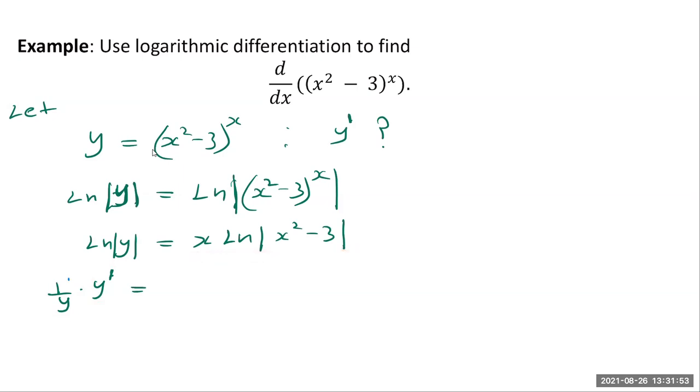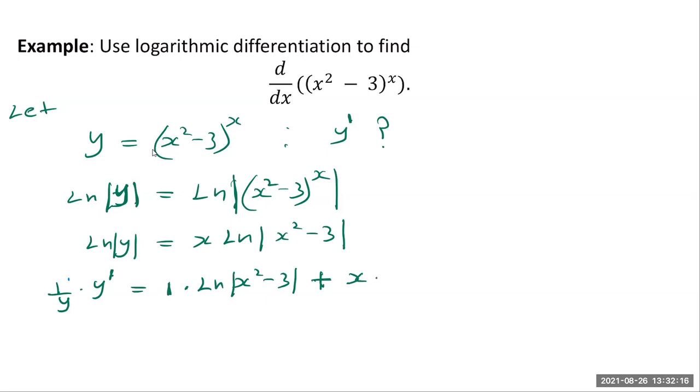Here I'm going to have to apply the product rule. You have the product of two functions. Okay, so take the derivative of the first function, which is 1, times, leave the second function fixed, and then plus leave the first function fixed and take the derivative of the second function.